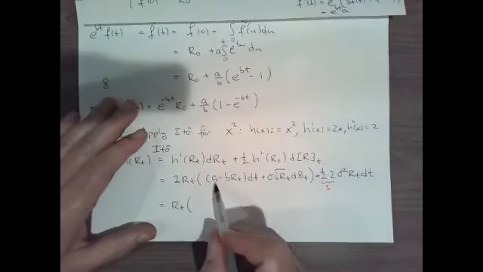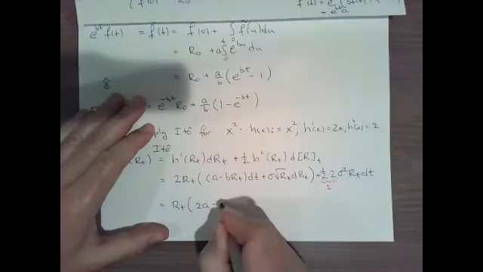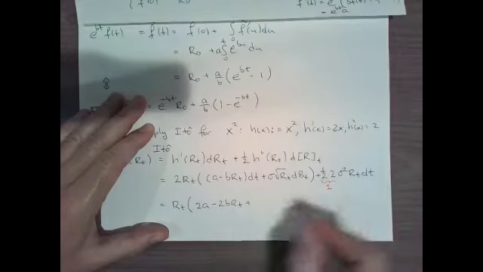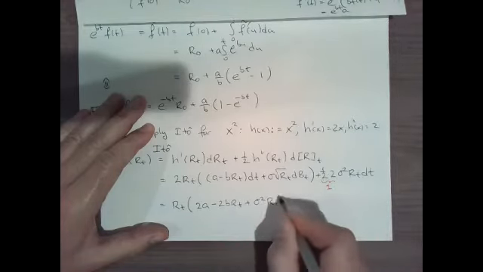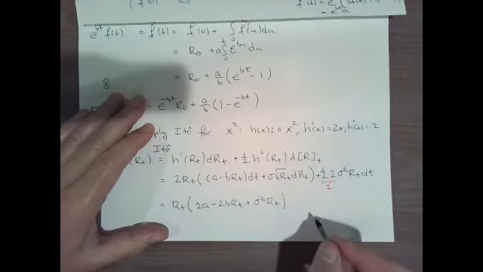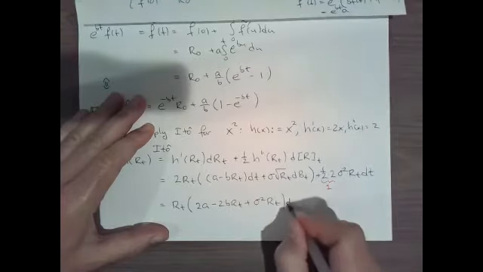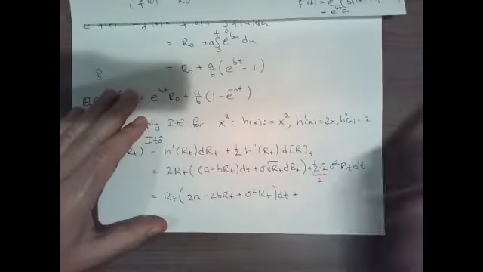Here would be 2a minus 2b R_t plus sigma squared R_t. And then I'll have my dt. So that's the drift. So you see it's a drift.